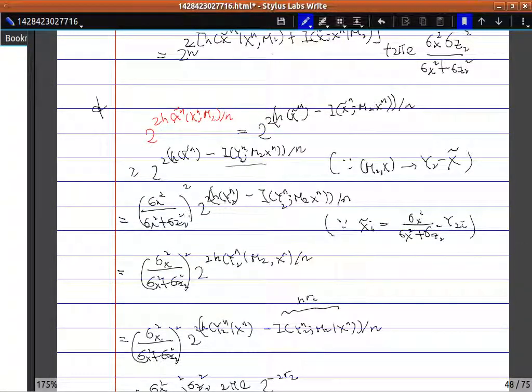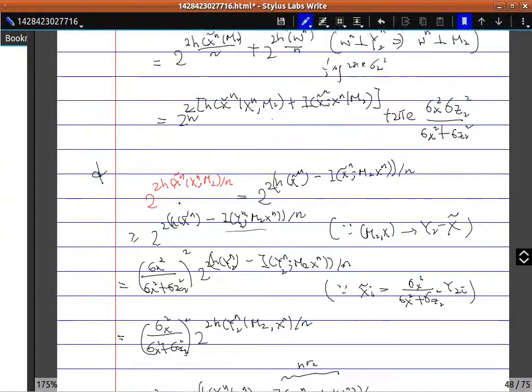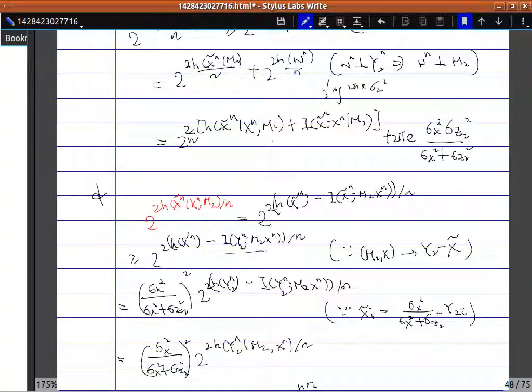And then for this guy here, x tilde is equal to this. Therefore, h(x tilde) will be something like h(y tilde) plus log of this guy here.